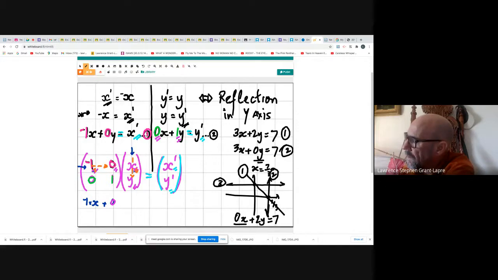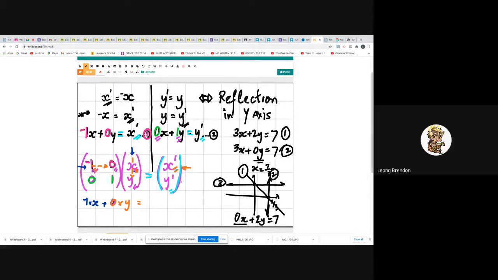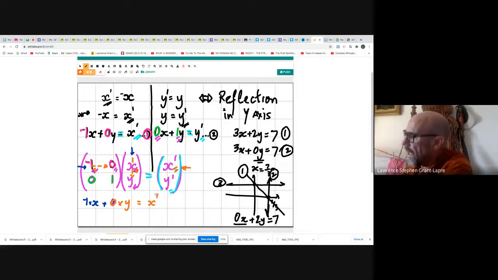So it's -1 times x plus 0 times y equals, we're in the first row, right? The x image. Okay, so your turn to do the equation for the second row.